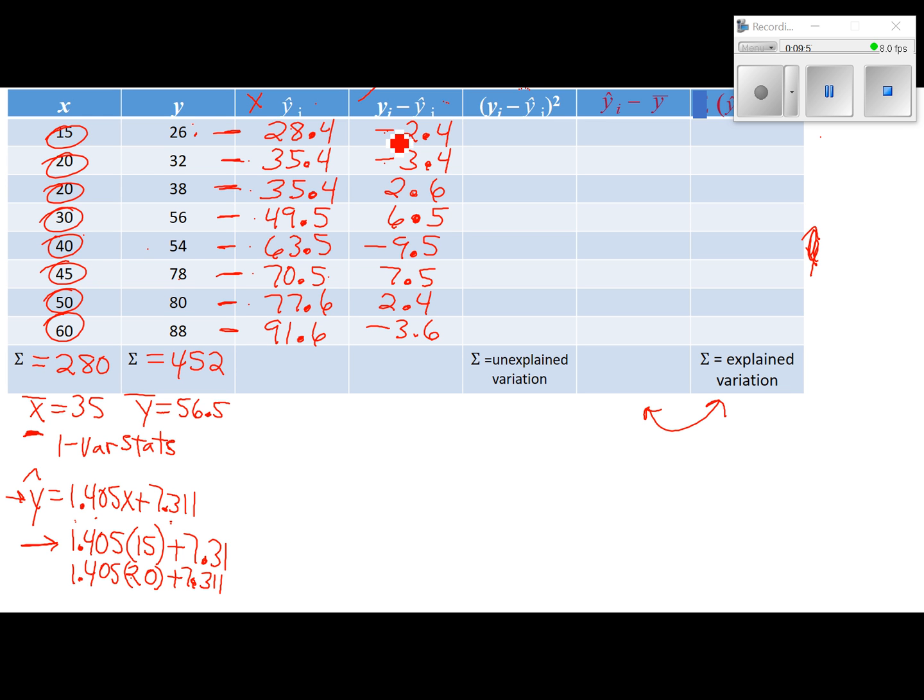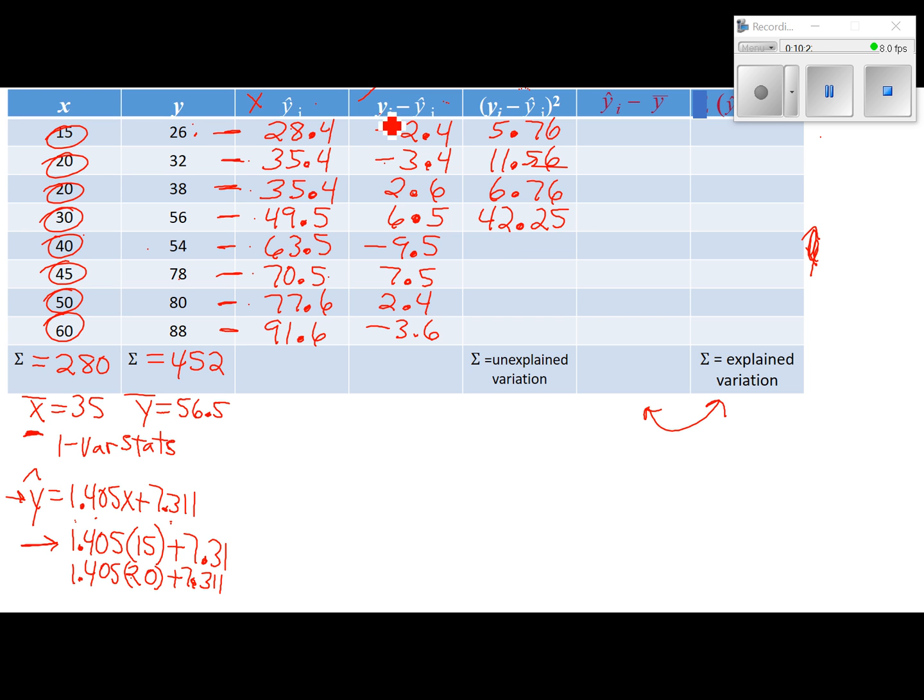So on this next one, when I did this, I came up with 5.76 on this one. Squaring the next one, I got 11.56. Then 6.76. Then 42.25.